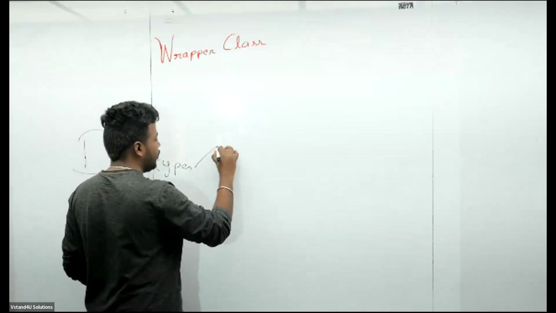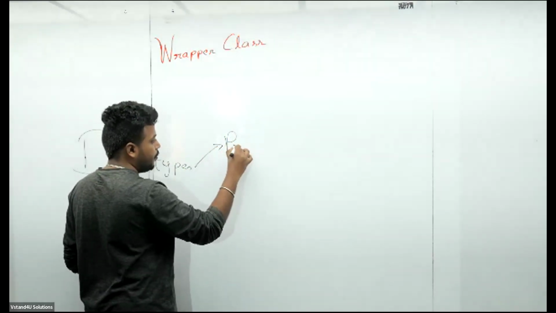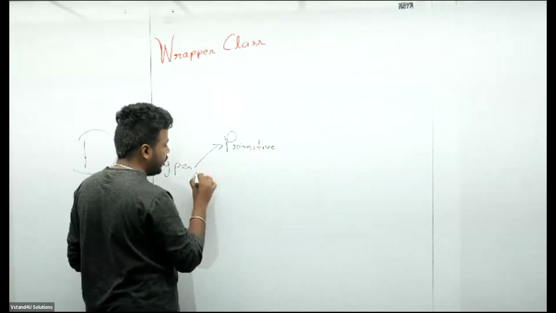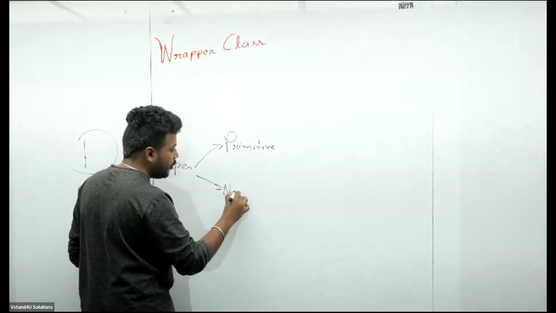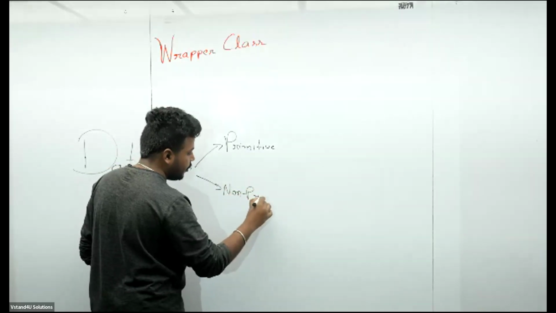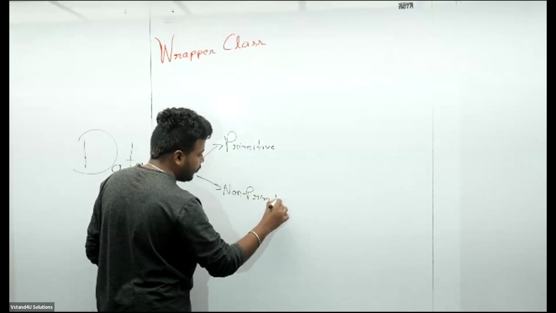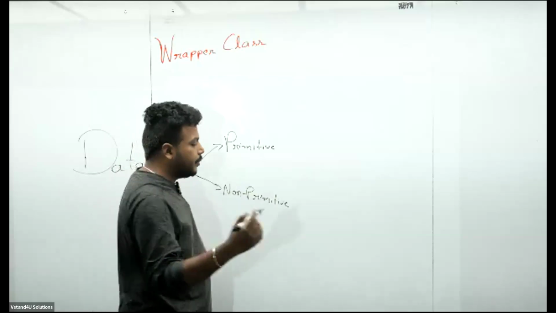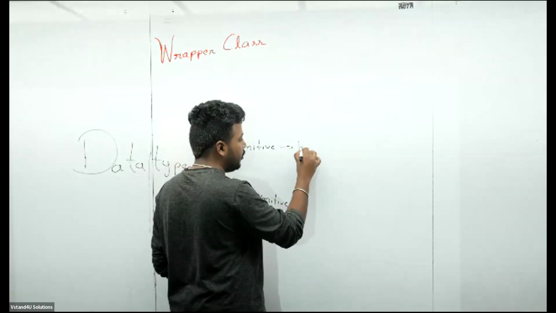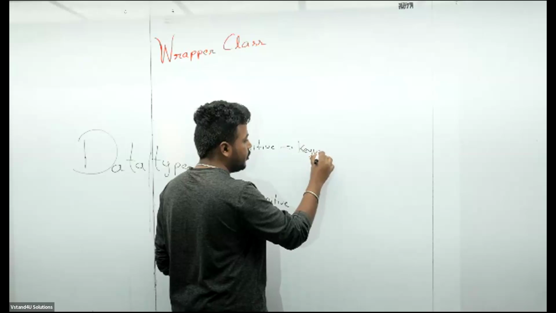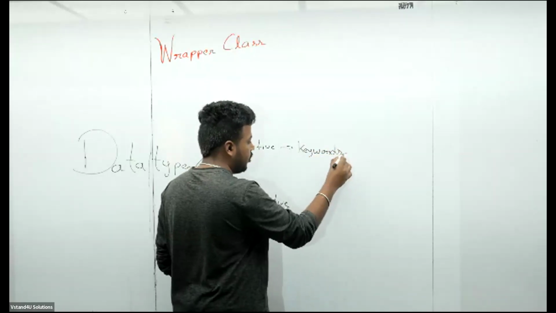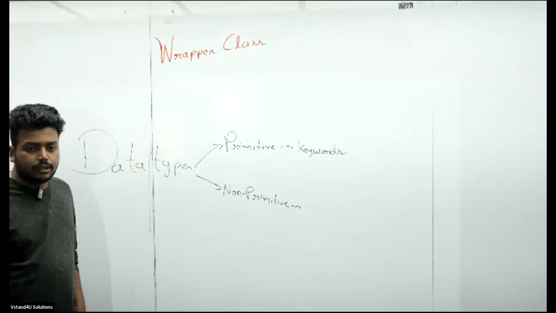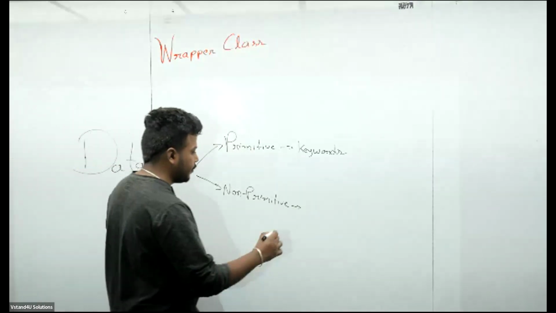What are the two types? Primitive data type and non-primitive data type. In primitive data type, we will always be using what keywords? In non-primitive data type, we'll be using which one? Class.